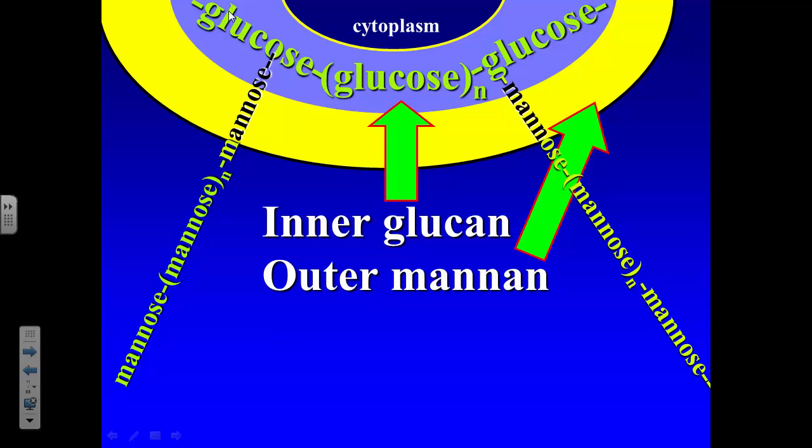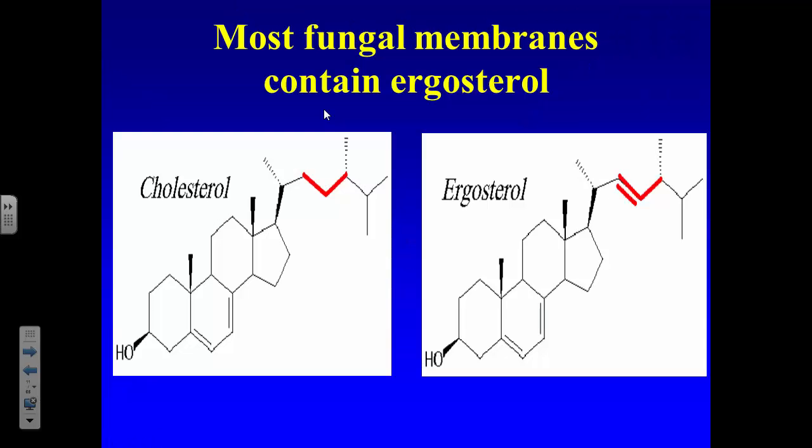So here's that cell wall, and that cell wall has two layers, an inner glucose polymer known as a glucan, and coming off of that glucan is a mannose polymer, shown here, otherwise known as a mannan. So glucan inner coat, mannan outer coat, and you'll see that this is an important chemotherapeutic target.